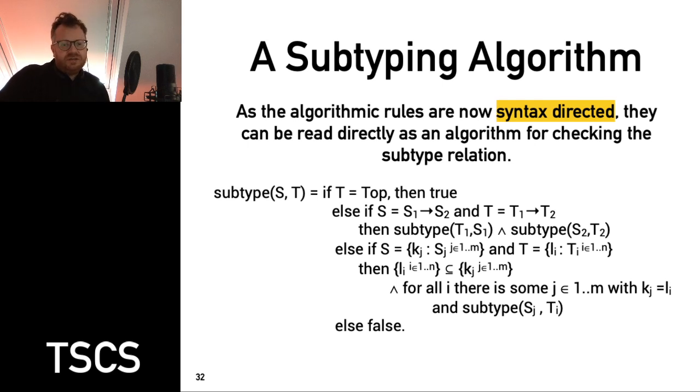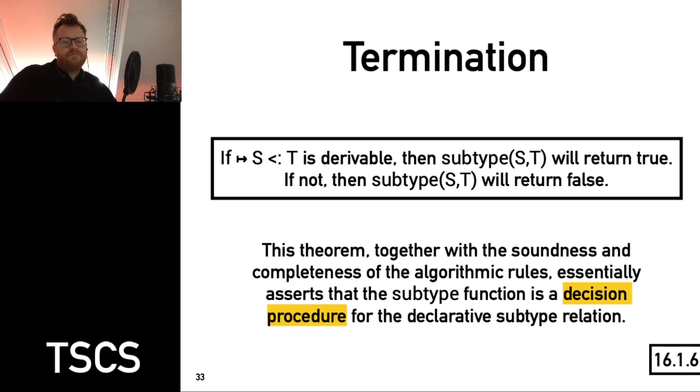And for the records, you will see that this either returns true or false for these record types, or will recurse, and then the induction hypothesis holds, and this thing terminates. And because you construct this by a decision procedure that is sound and complete, this also helps your termination in that case.